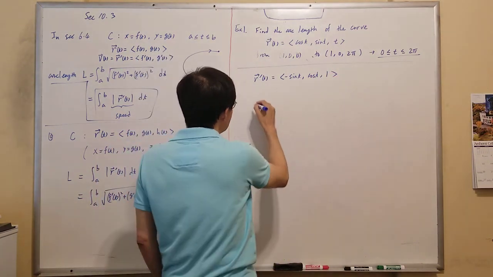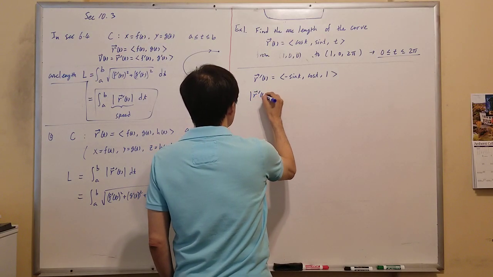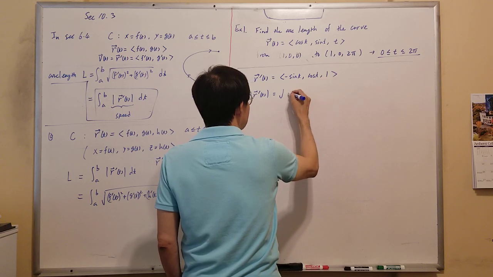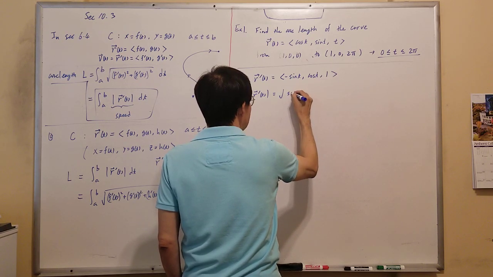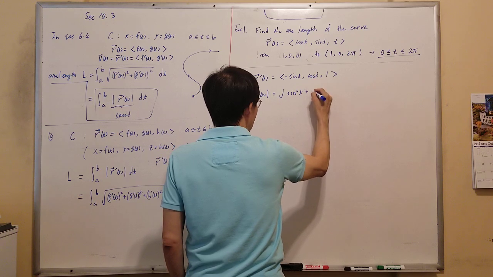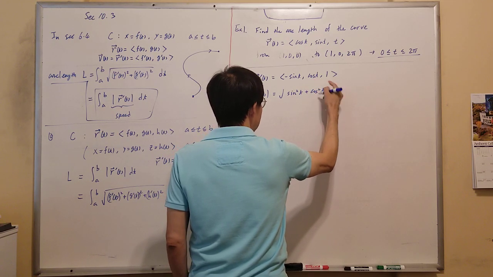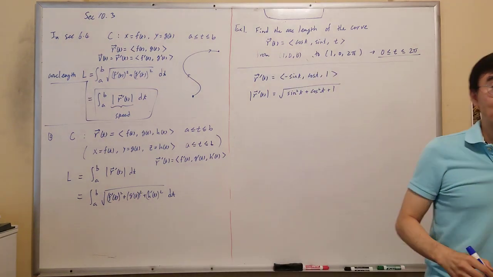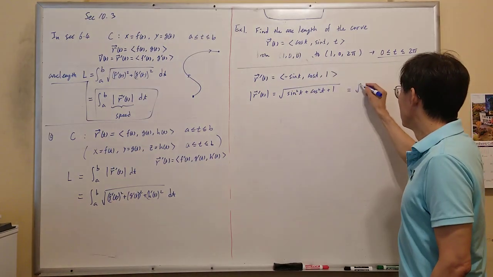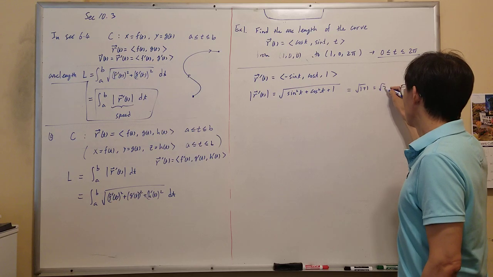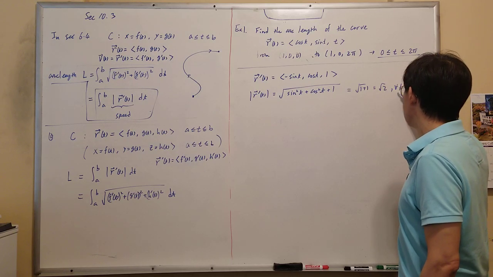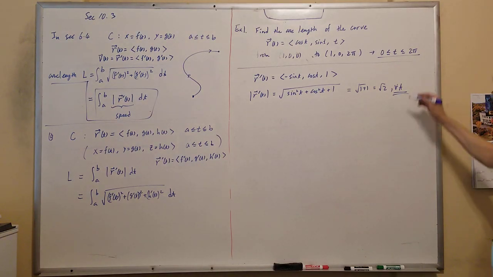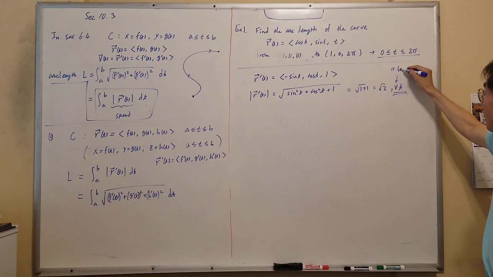This is velocity. Speed is not a vector. Speed is the magnitude. This squared, and this squared. The sine squared plus cosine squared is always 1. 1 plus 1, square root of 2 for all t.